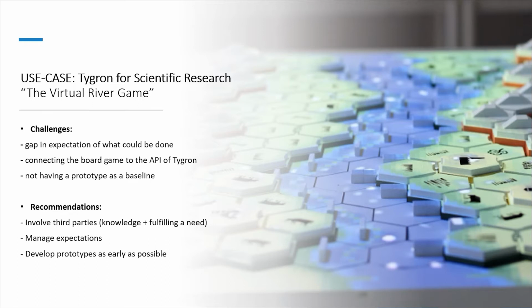Basically, also not having a prototype. So the most important thing that Robert Jan recommends in this use case is to develop prototypes as early as possible, so that you don't get stuck in the conceptualization phase, even if it's something that is only 2 out of 10, and that could serve as a baseline for later on, and then you can actually test it and play with it.